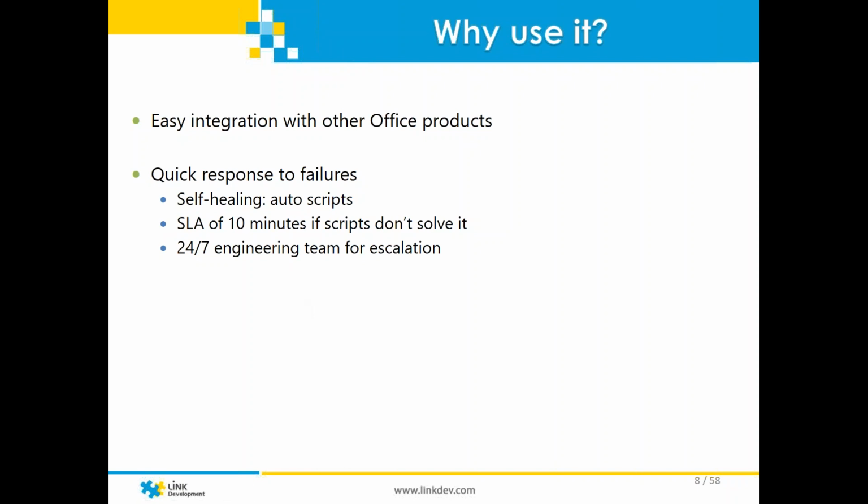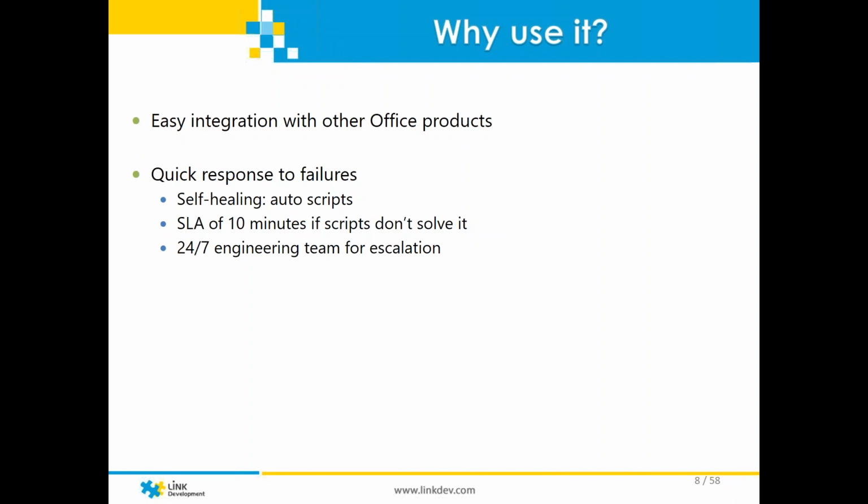For example, if the asynchronous process, which we talked about yesterday, crashes for some reason, this can be very easily detected, and the script can reset the service. So this is very easy to handle.